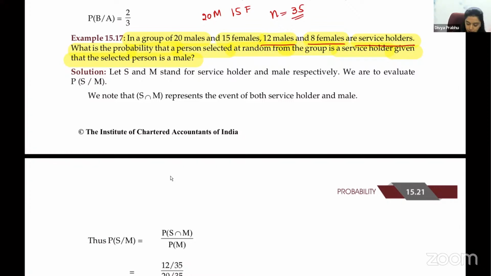Always understand, when in the question they tell you given that something has occurred, it is based on conditional probability where one of the events has already occurred. Very, very important for you to understand. Got it? When you see given that, apply conditional probability.